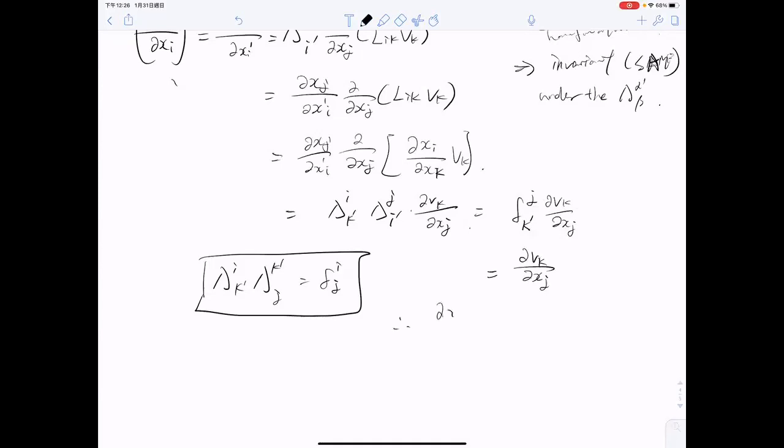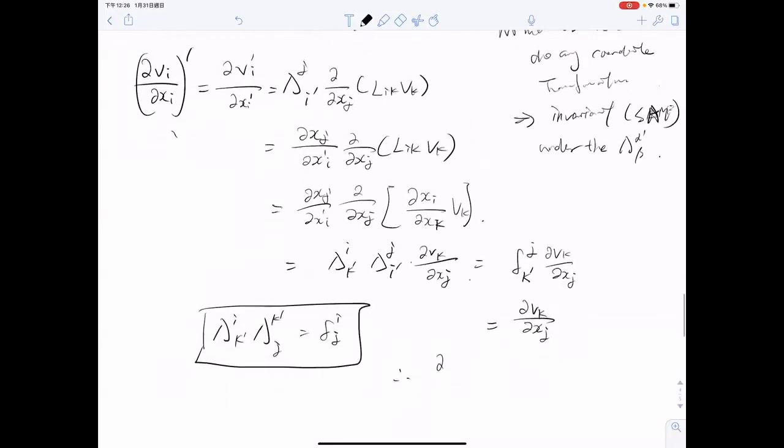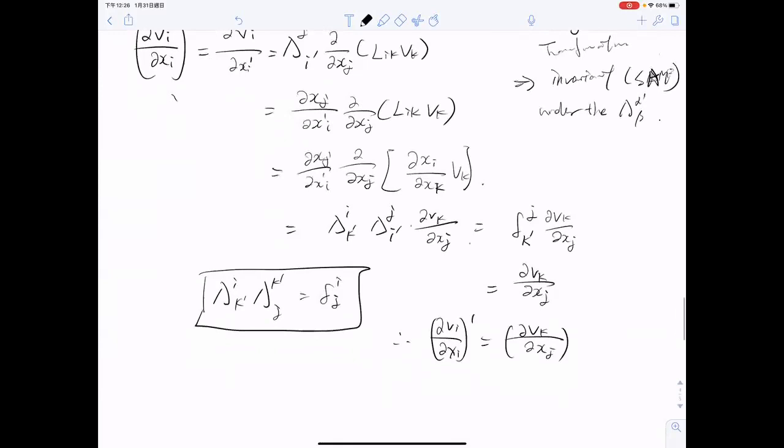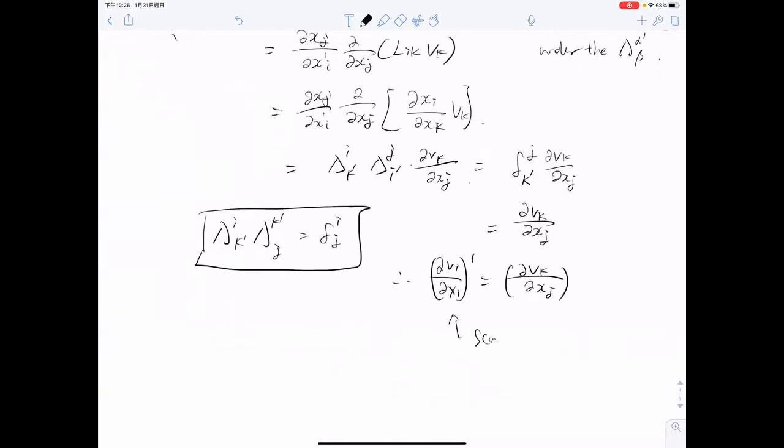So the divergence of V after the rotated coordinate transformation is the same as before, and it is a scalar. So this is a rank 0 tensor.